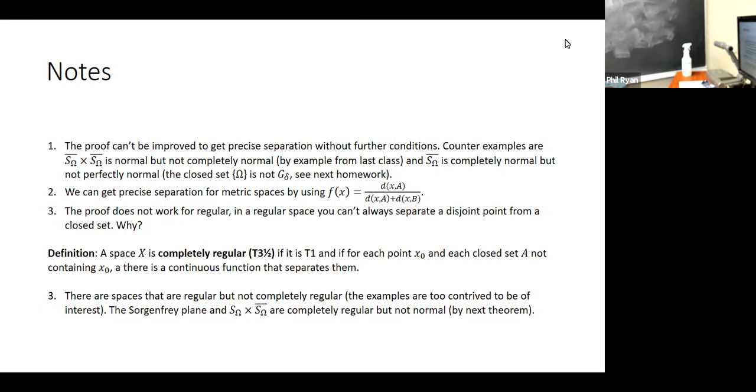The next thing to notice is that you can't use this proof on regular spaces. Right? So in a regular space, you can't always separate a disjoint point from a closed set by a function.